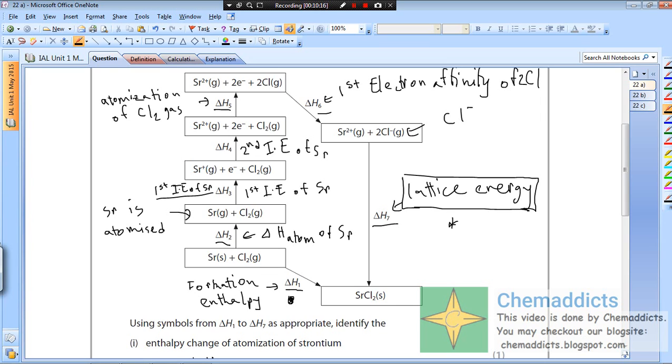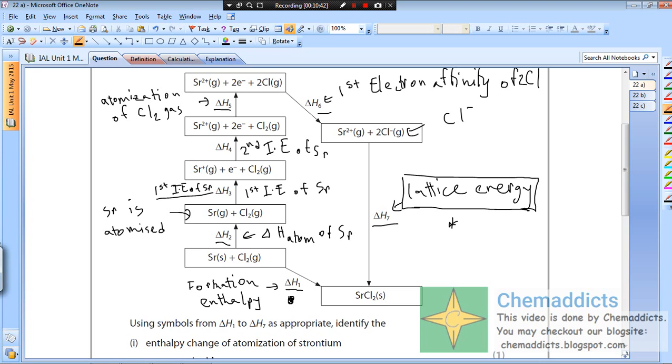In here we can see that H2, H3, H4, H5, H6, then H7, these are all in one direction. And this formation enthalpy is in the opposite direction. So we will write this formation enthalpy on one side and all these things on the other side.